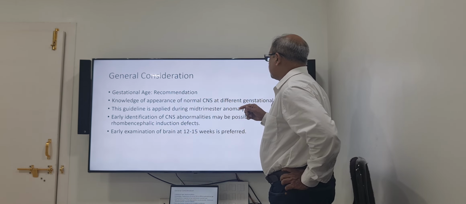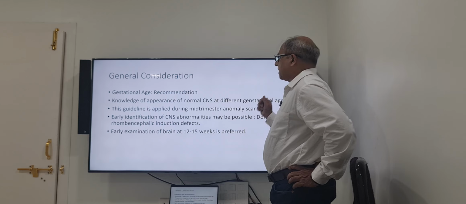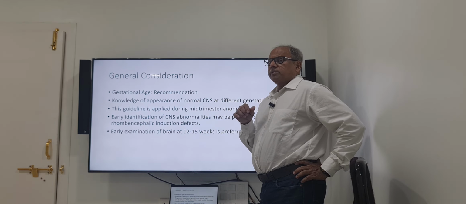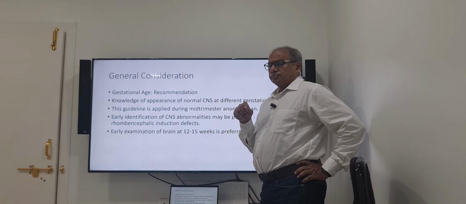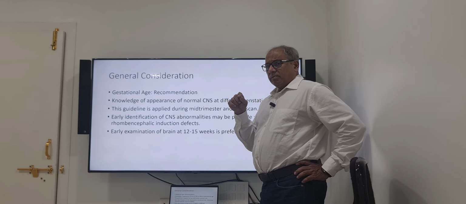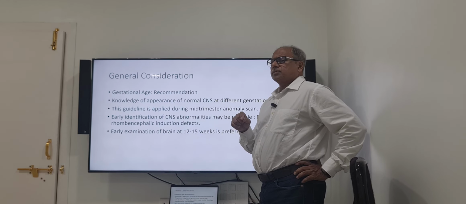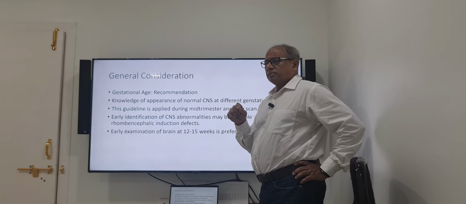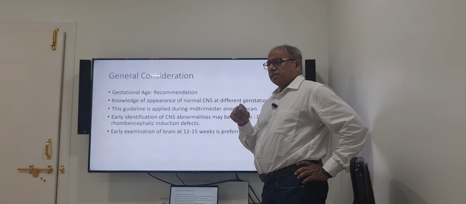This guideline is applied during mid-trimester anomaly scan. The basic scan is mid-trimester when we do the scanning. But when we do nuchal translucency also, a lot of details of the brain substance of the fetus we see.